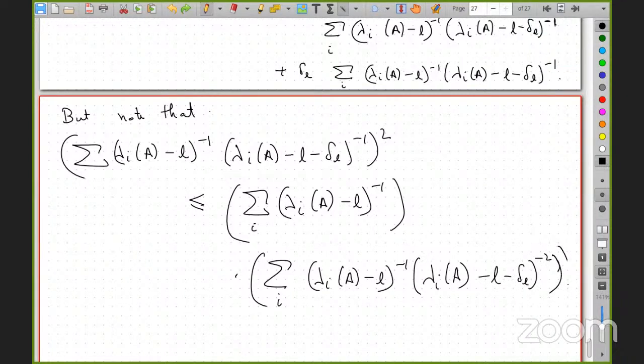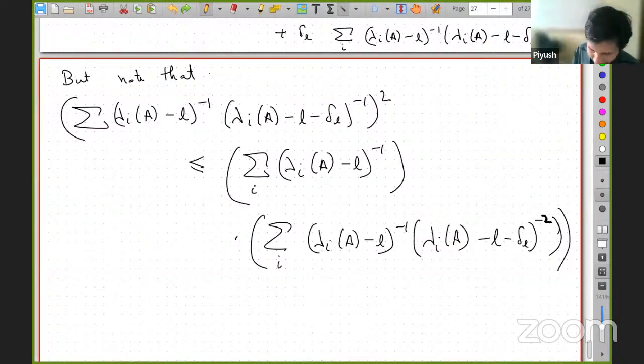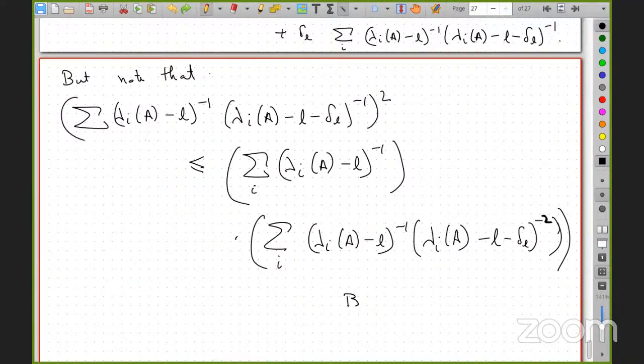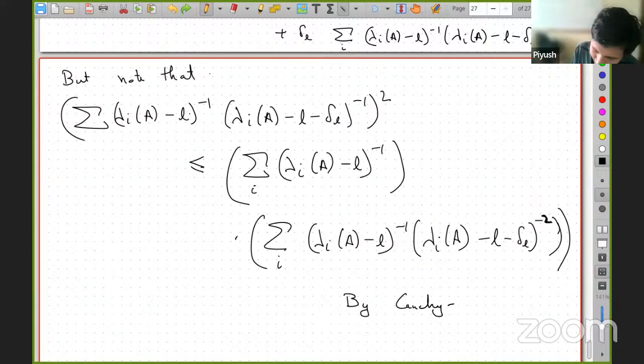This should be -2, right? Summation of lambda_i minus L to the power minus 2. Correct. So yeah, you just take the square.